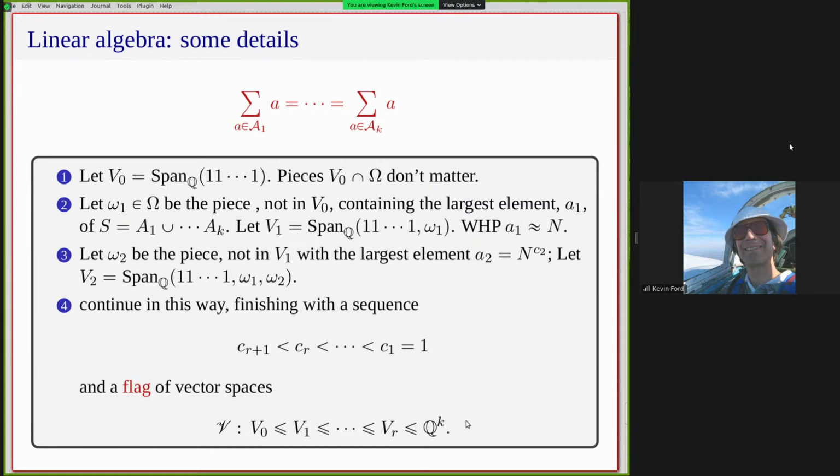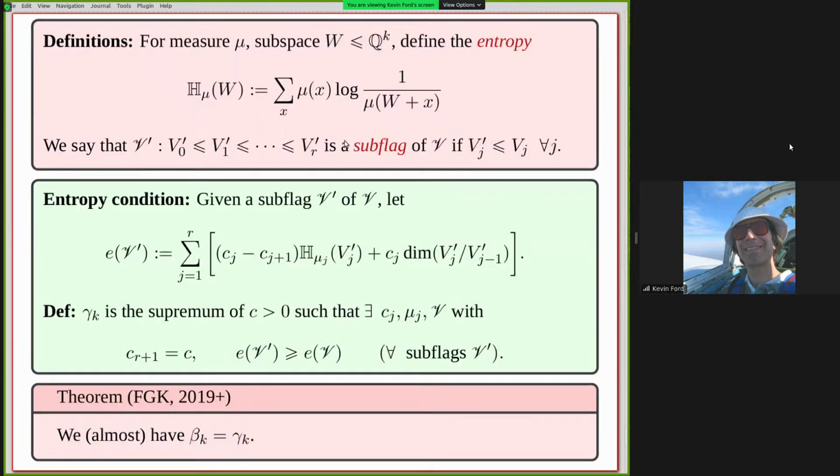All right, so that's some linear algebra that comes out of the method by looking at these various subsums and taking various linear combinations of the different pieces. Now we're getting into some very technical points.